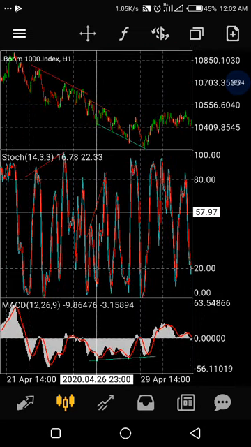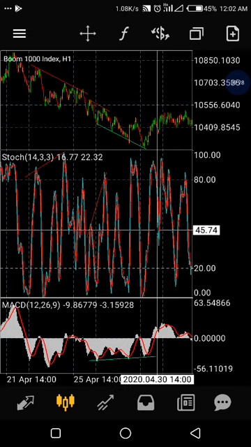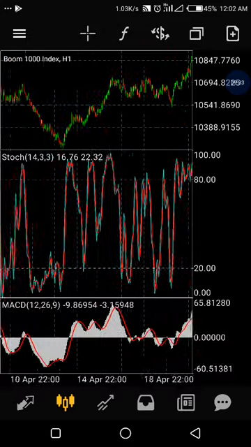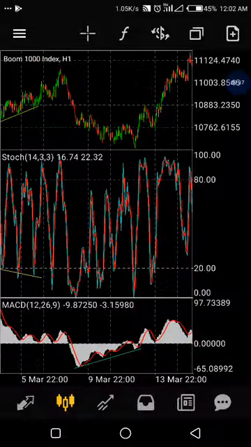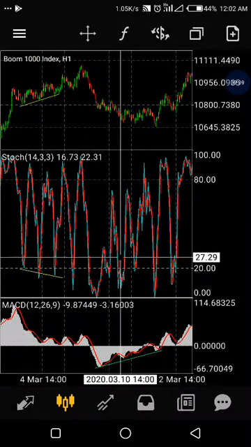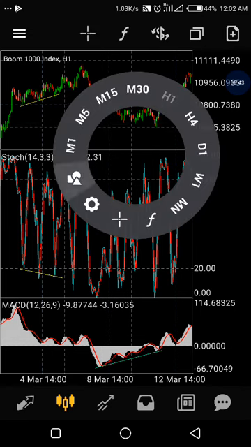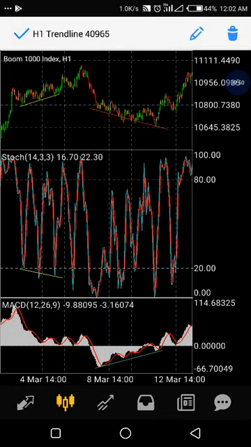You see that? This is the divergence. It indicates a buy signal. The bullish divergence indicates a buy signal. You see? This is one here. This is supposed to be another pointer here, and the color to green.